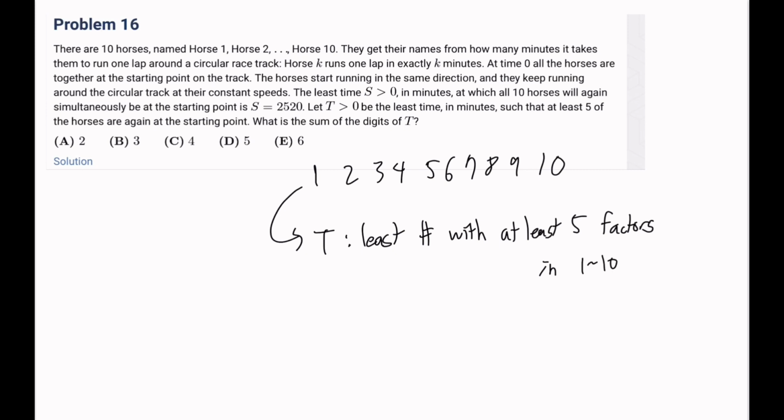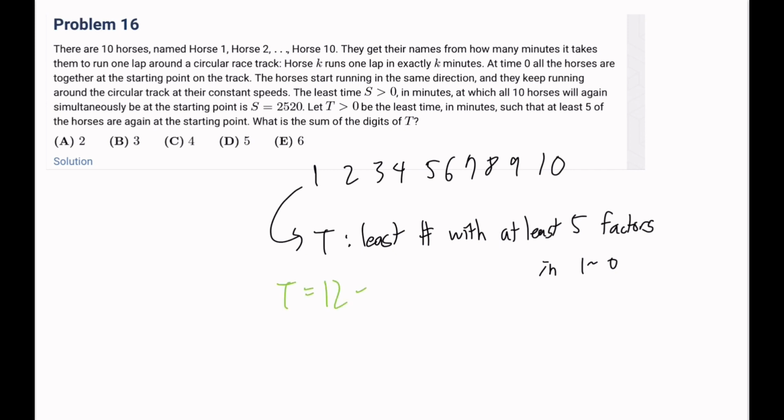And so if we solve for t first, t can't be 6, right? Because that would just have 1, 2, 3, 6. And that's just 4. T can't be 8 because if that were to happen, then it would just be 1, 2, 4, 8. So that would also not be possible. And so t equals 12. Yeah, that does the trick.